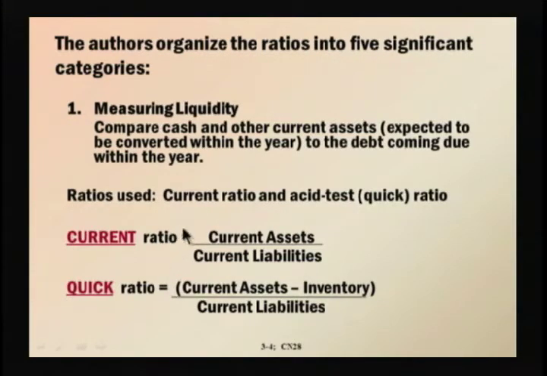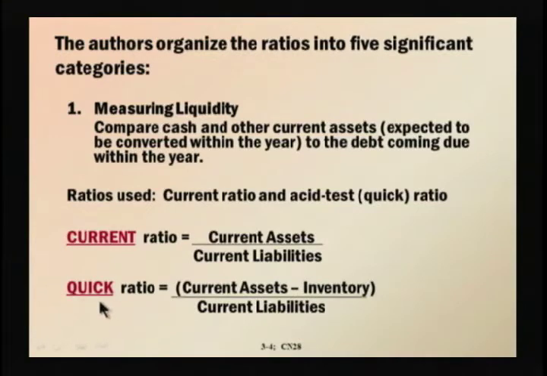The current ratio is basically net working capital that's been stacked up. Instead of current assets minus current liabilities measuring net working capital, the current ratio is the ratio of current assets to current liabilities. The quick ratio is trying to measure the same thing. Both ratios are trying to measure liquidity.